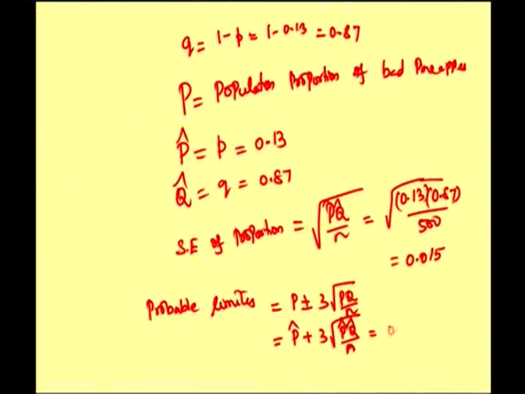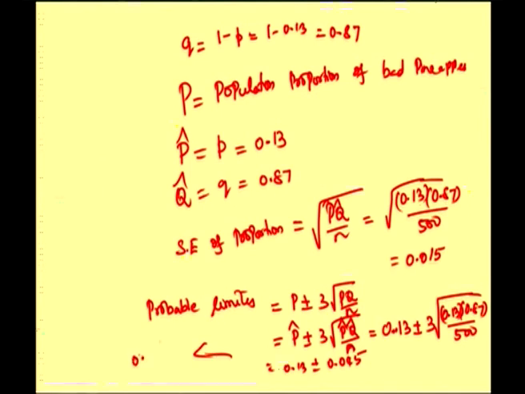This value is 0.13 plus or minus 3 into root of 0.13 into 0.87 divided by 500, which is 0.13 plus or minus 0.045. So, the plus value will be 0.175 and the minus value, 0.13 minus 0.045, will be 0.085. So the limits are 0.085 and 0.175. These are the probable limits of the consignment of bad pineapples.